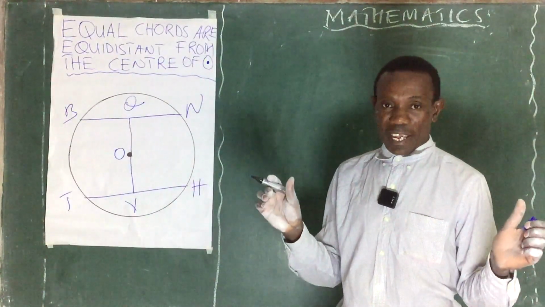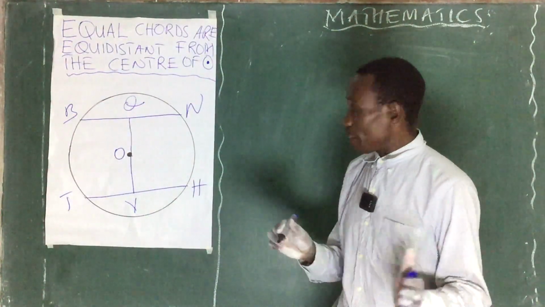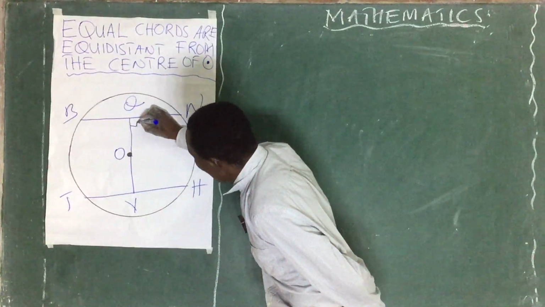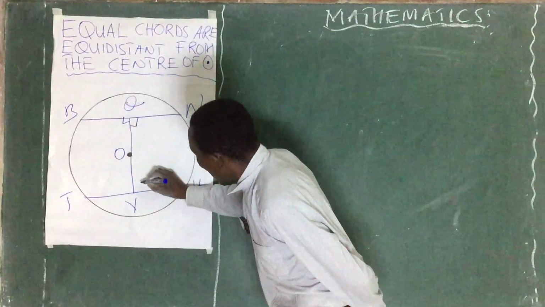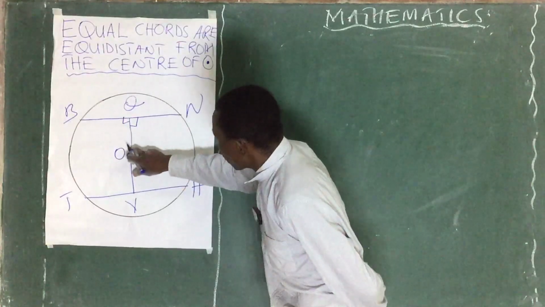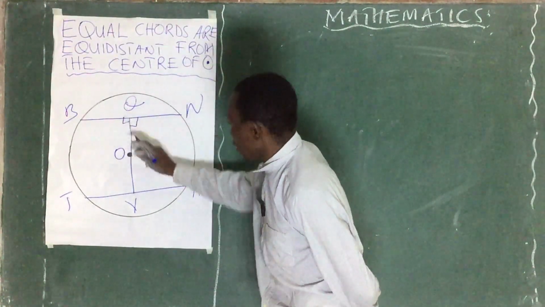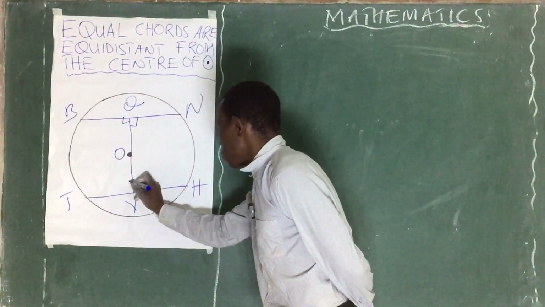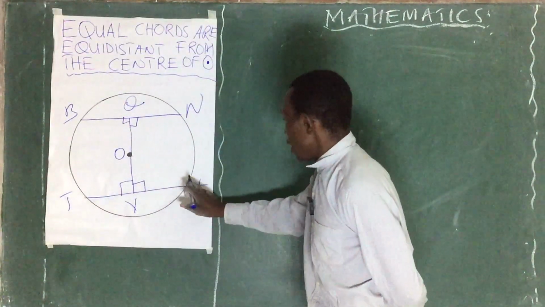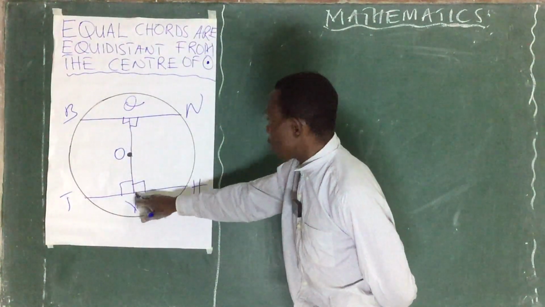From what I said again, if we talk of a distance from the center, we expect that those two lines must be perpendicular to the chord. This one is perpendicular to BN because it's the distance from the center to the chord. And again, this one is expected to be perpendicular to what? TH, because it's the distance from the center to the chord.